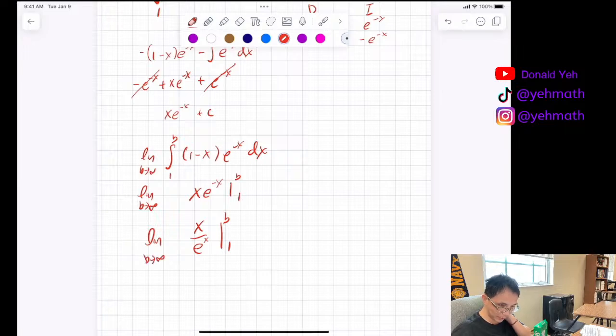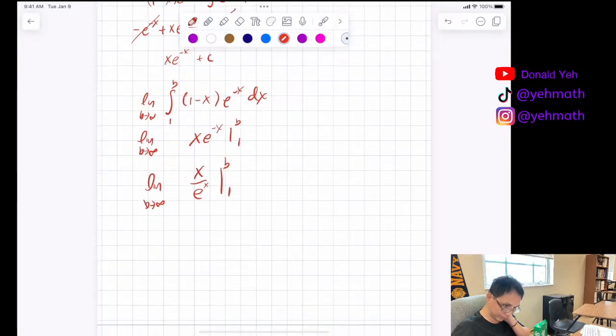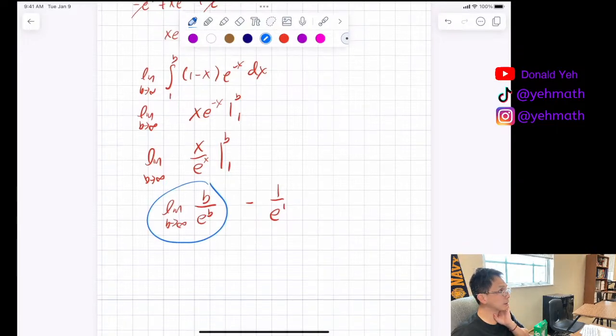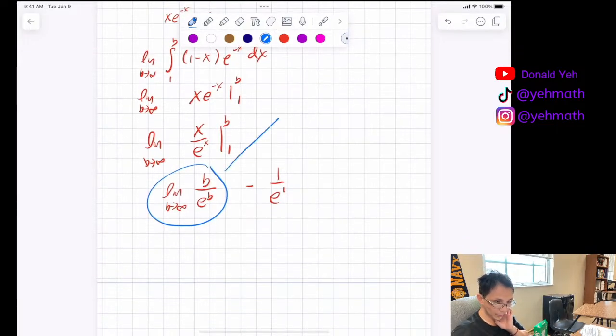I was going to show you in a little bit, it's L'Hopital's rule, because this one is a limit as b approaches infinity. If I plug in b, it's going to be b over e to the b minus 1 over e to the 1. Just like what Daniel says, he kind of foresaw that, he has that chess instinct.